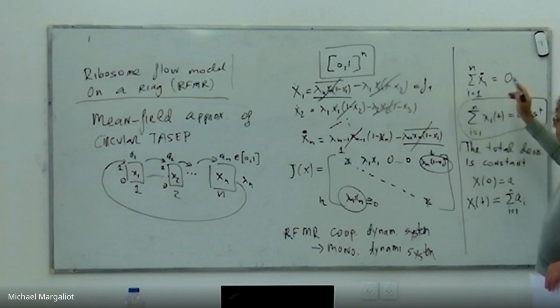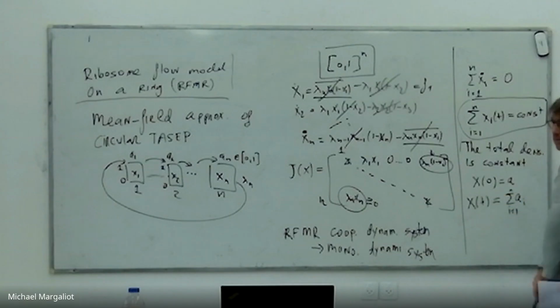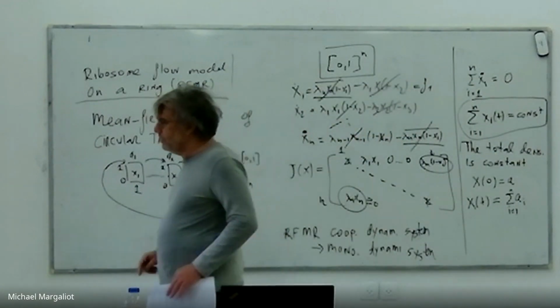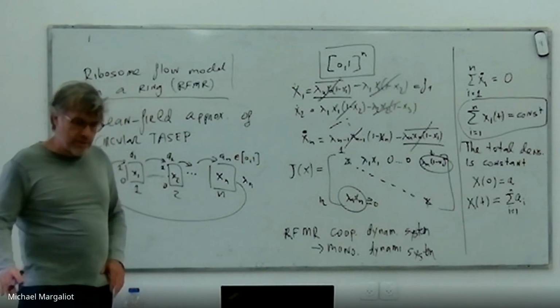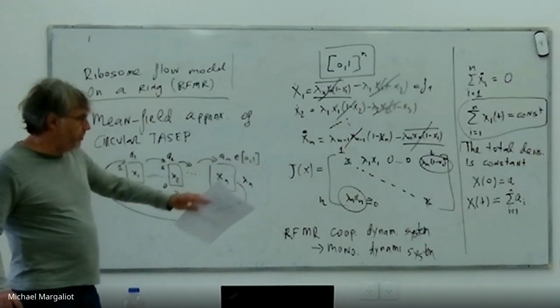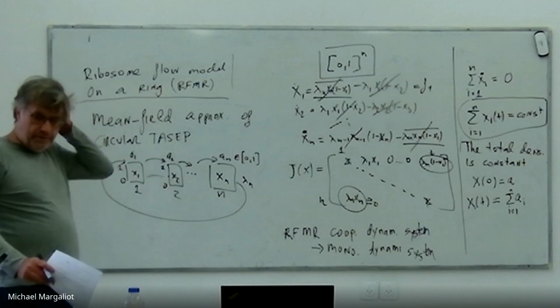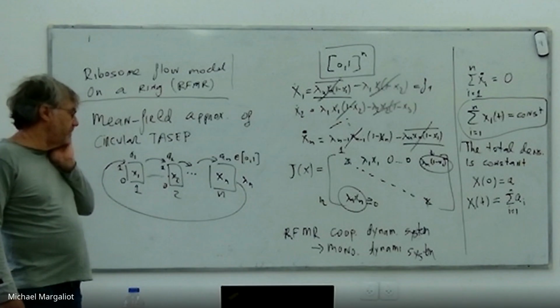So as I said, the total number of particles remains the same. They only redistribute between the sites. This is an important property because the main network of RFMs that we will talk about will also be a closed system where the total density of particles remains the same.